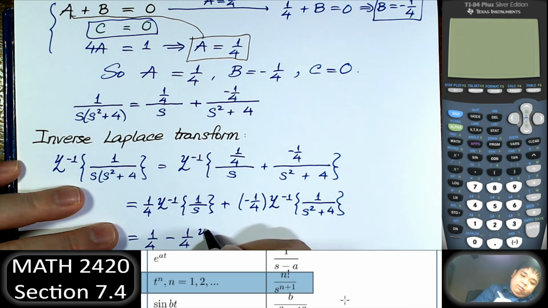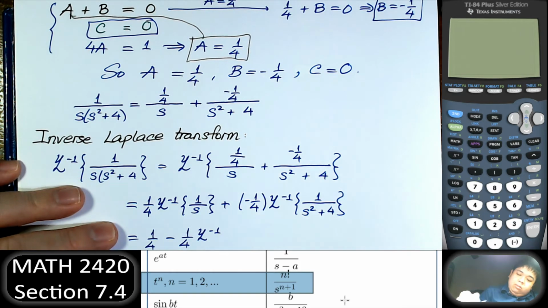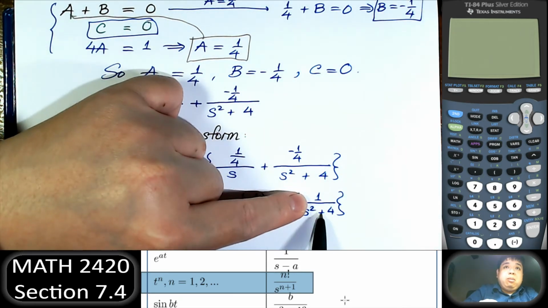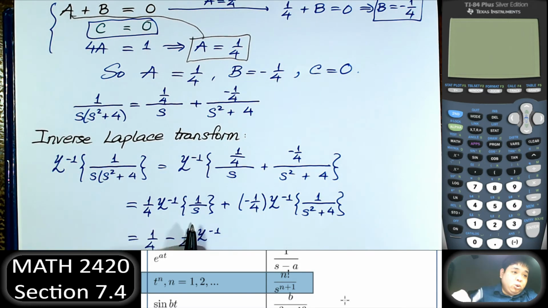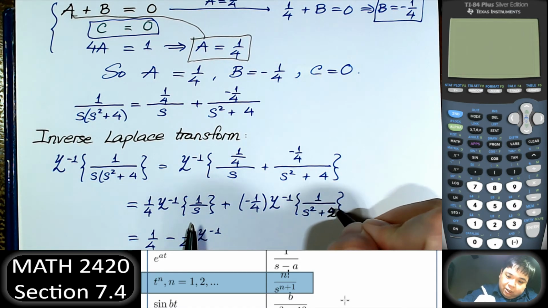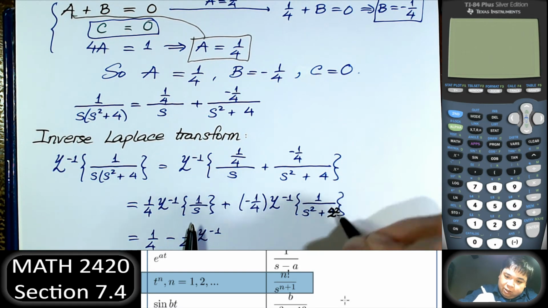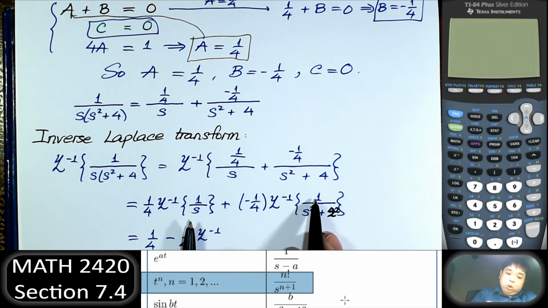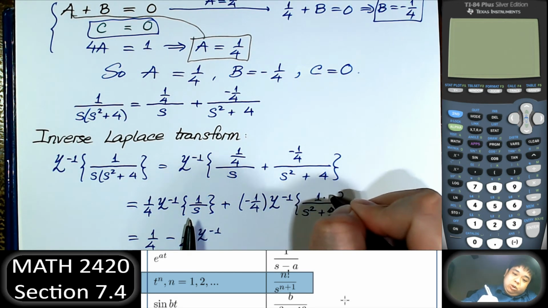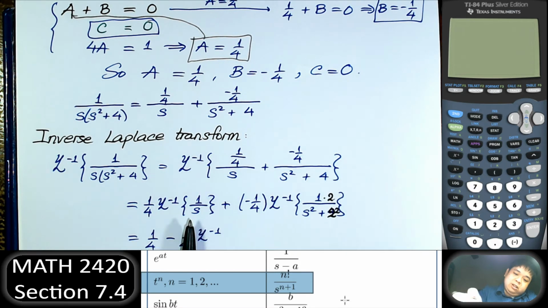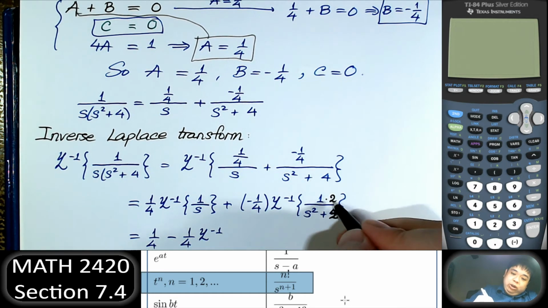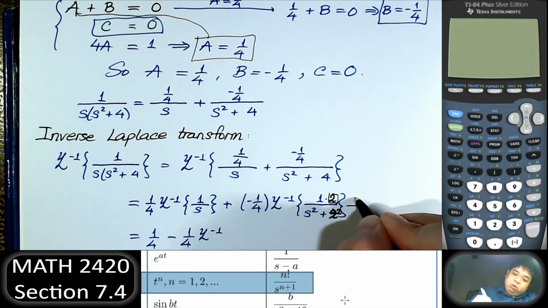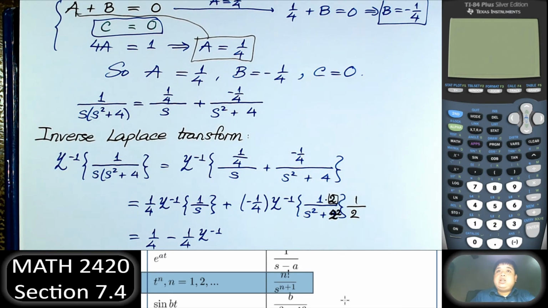And now, this one, remember if we have s squared plus 4, you can write 4 as 2 squared. So we need a 2 on the top. If we need a 2 on the top, so that will match with the number at the bottom. We cannot just multiply 2 on the top like that. We have to divide back by 2.